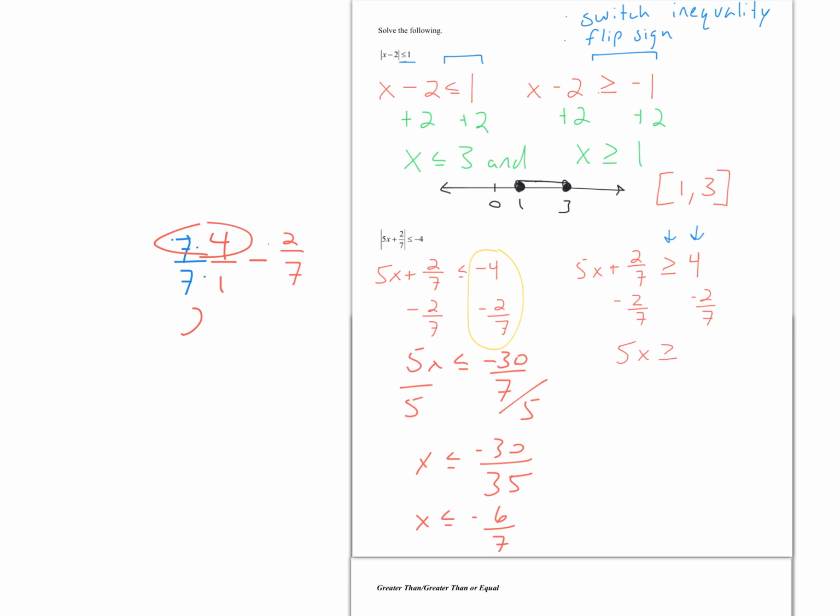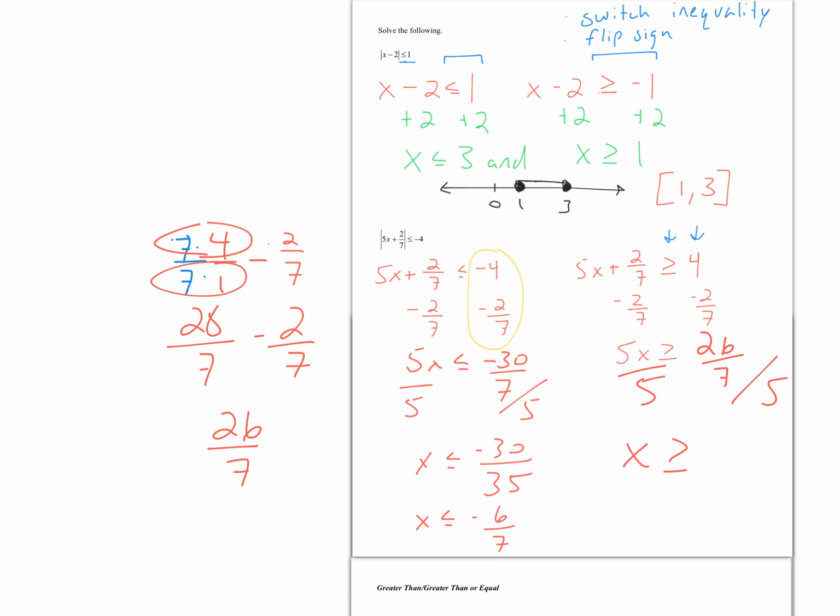You get your 28 across the bottom. 7ths minus 2/7. 28 minus 2, 26/7. Let's go ahead and divide both sides by 5. So you get x is greater than or equal to 26/35.